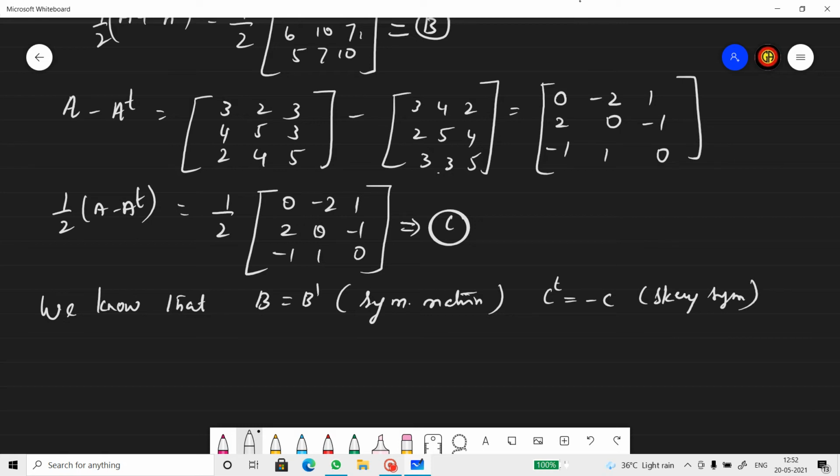Now let us express A as half times A plus A transpose plus half times A minus A transpose, which is A equals B plus C.